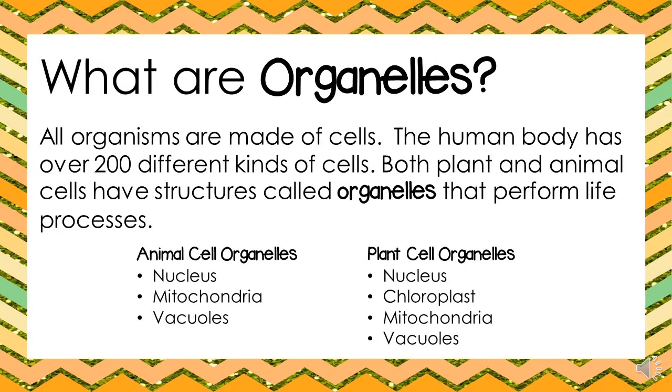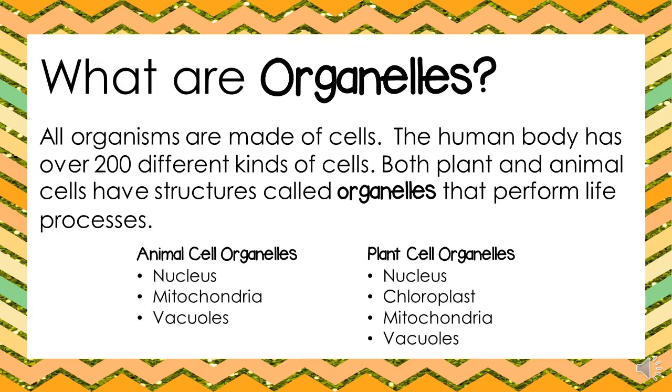Our body has over 200 different types of cells that are specialized in doing certain work. But no matter what type of cell you are, you'll still have major organelles. In animal cells, you have the nucleus, the brain of the cell, where our DNA is located.